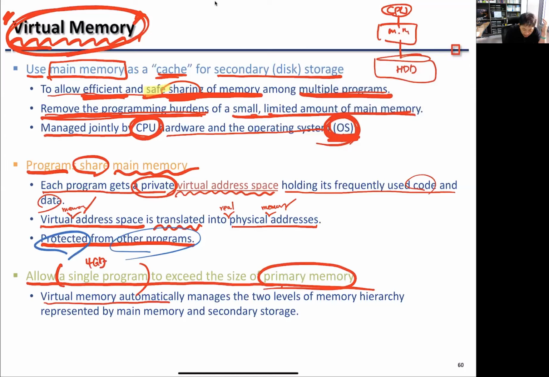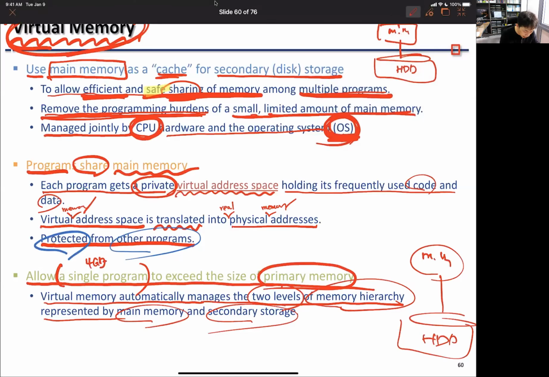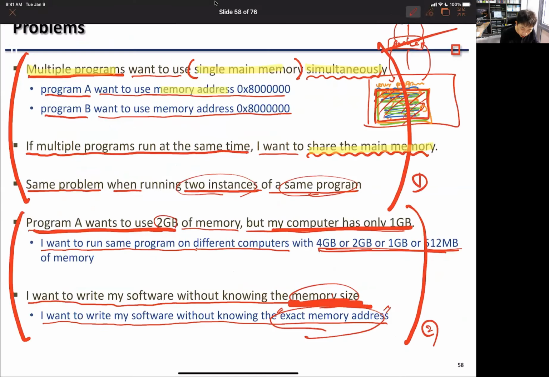Virtual memory automatically manages the 2 levels of memory hierarchy. What are they? The main memory and the disk, represented here as main memory and storage disk. So if you think about it, let's go back to this page. We have this problem number 1, the sharing problem.